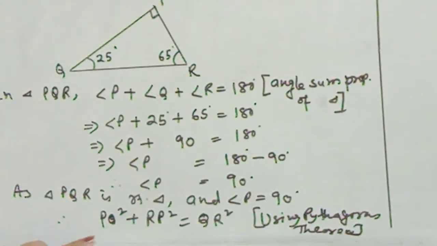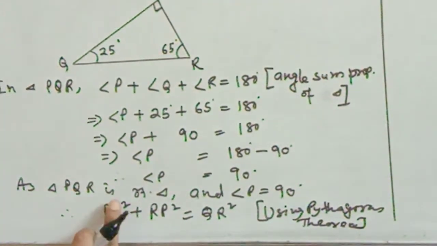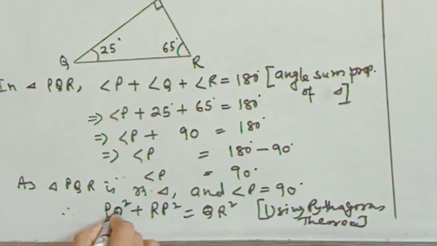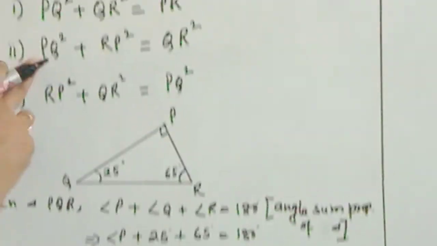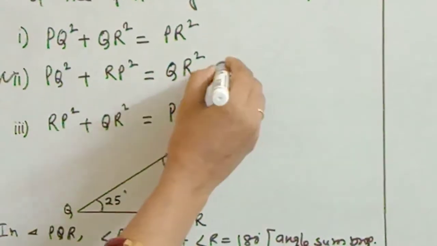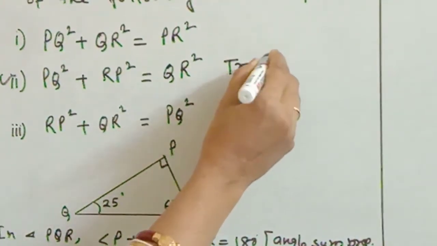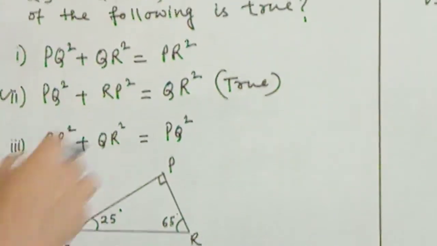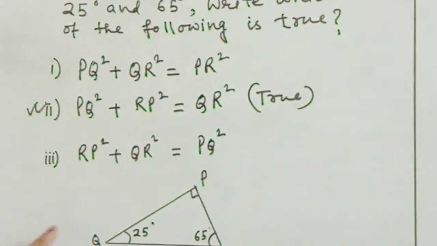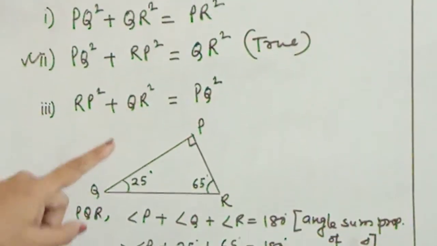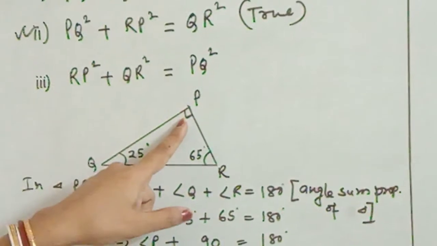Therefore, which option is correct? Students, you can check which option is correct. So, option 2 is true. Out of these three options, which one will be true? To find that, first of all, you have to find out the third angle.